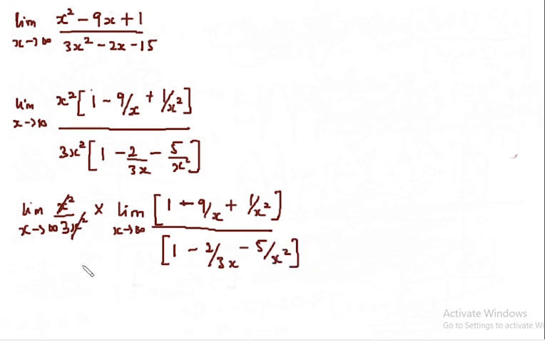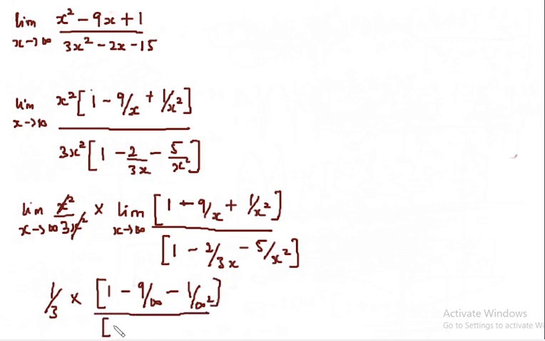So I'll take the limit as x approaches infinity for the two functions. As I'm taking the limit here, this is 1 over 3. The limit as x approaches infinity of 1 over 3 is still 1 over 3, times here, open brackets, 1 minus 9 over infinity plus 1 over infinity squared, divided by 1 minus 2 over 3 infinity minus 5 over infinity squared.